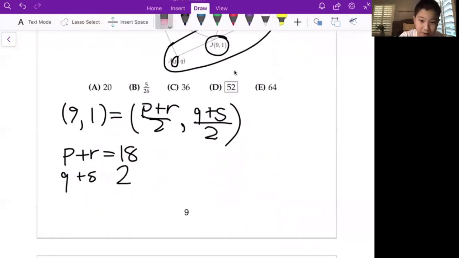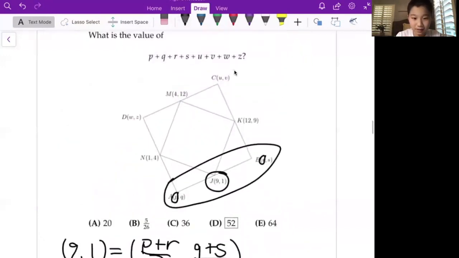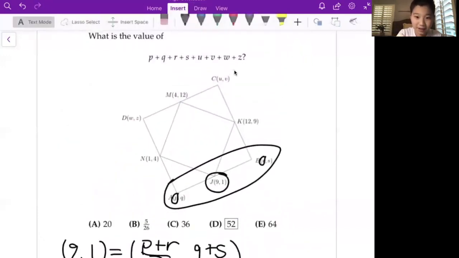Yeah, let me write this better. And then use another line like this.